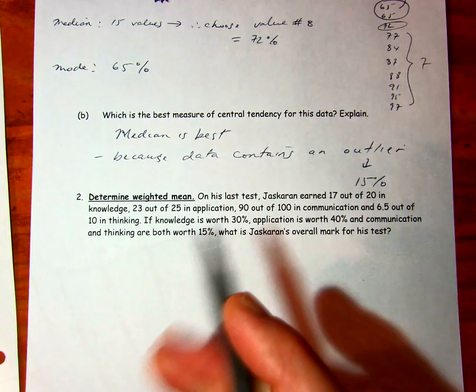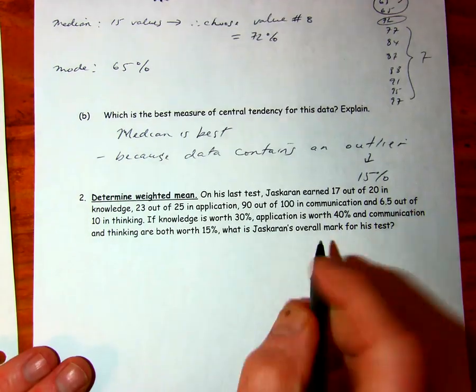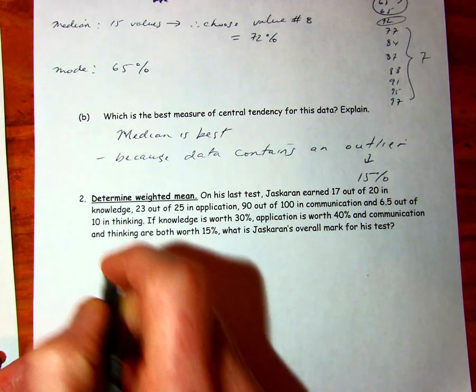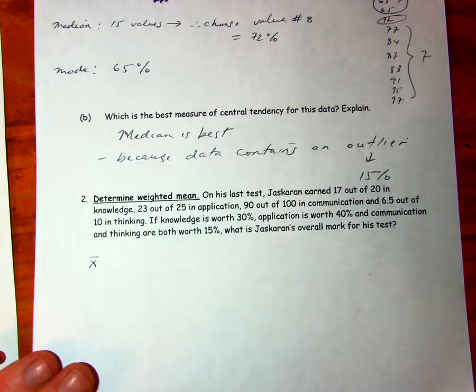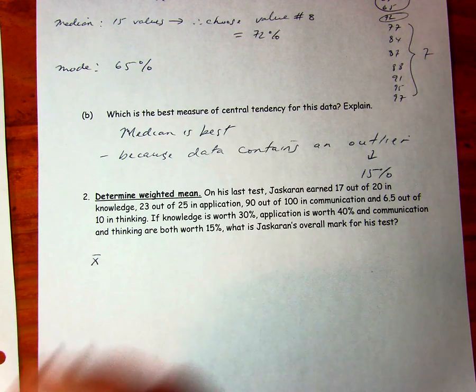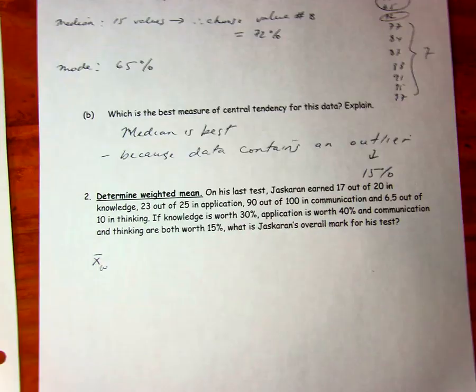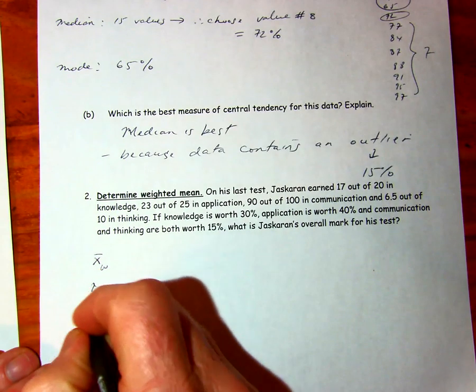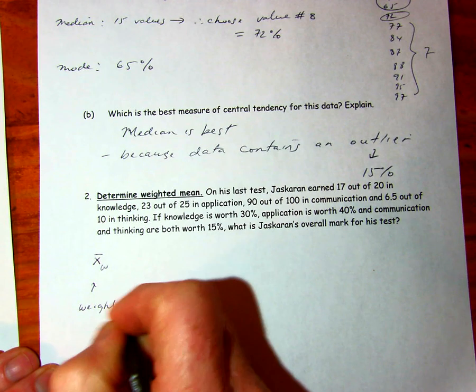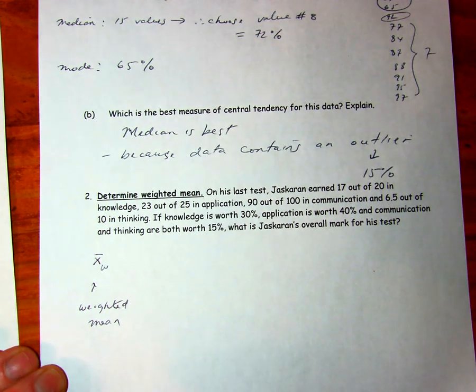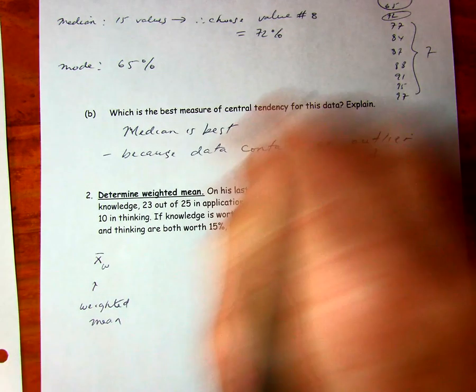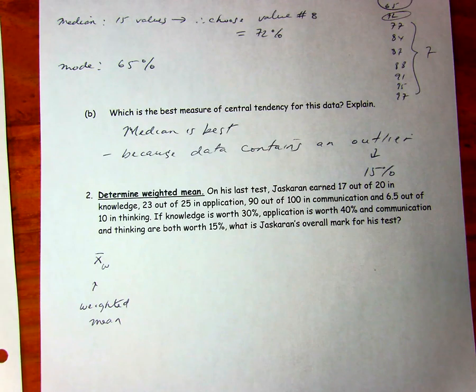Okay. Well, I'm going to give you the formula. Let's say we can use X bar or mu. Let's use X bar, and we're going to put W for weighted. So this is the weighted mean, if it's of a sample, or mu with a W for the mean of a population.